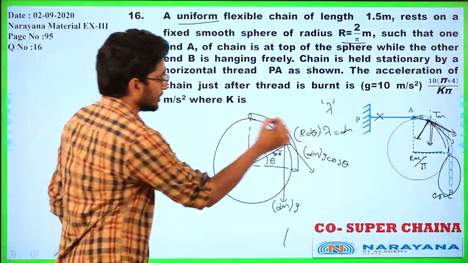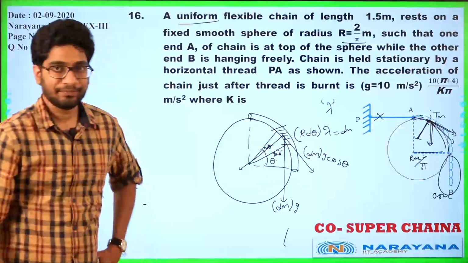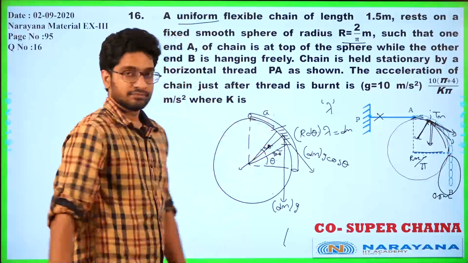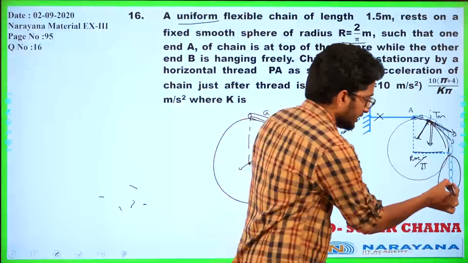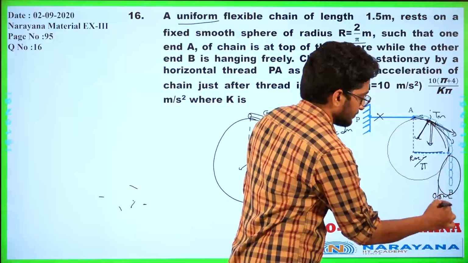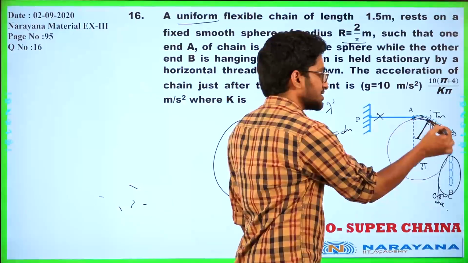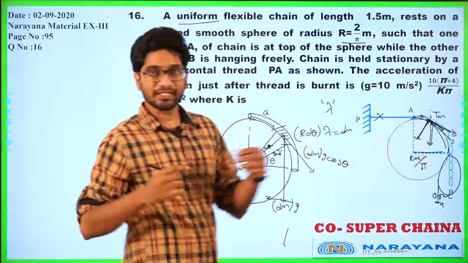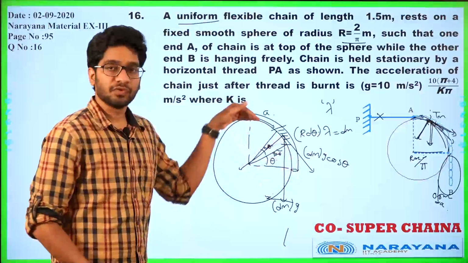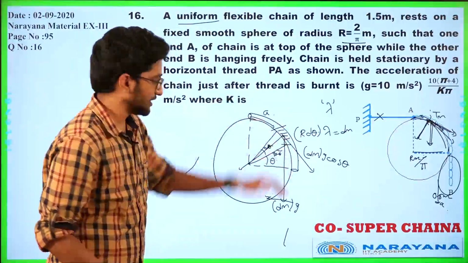So I need to add all such tangential components, because only they are creating acceleration along the length, right? How does it slide? Here at this point, acceleration will be along the chain, and even at this point, acceleration will be along the chain, along the tangents. Acceleration will always be along the length of the string. So I am finding just forces along the length of the string, that is along the tangents.